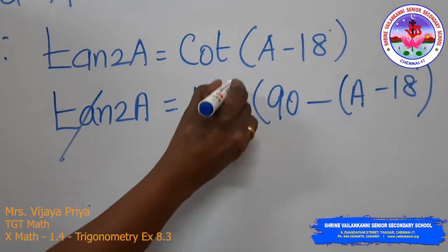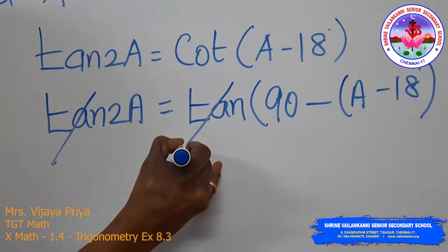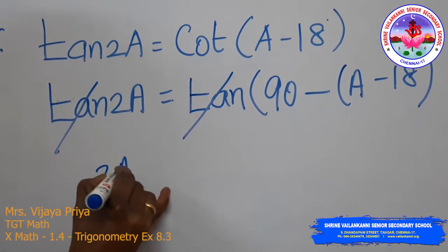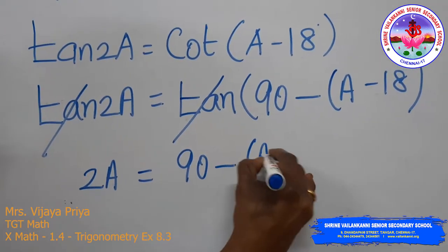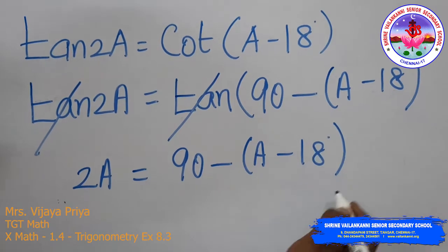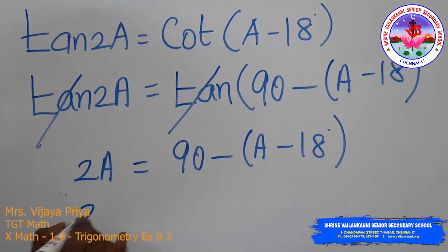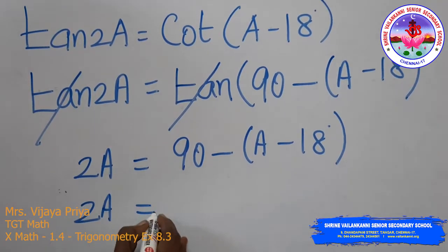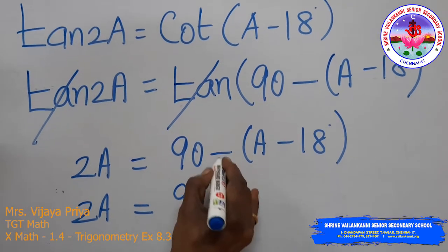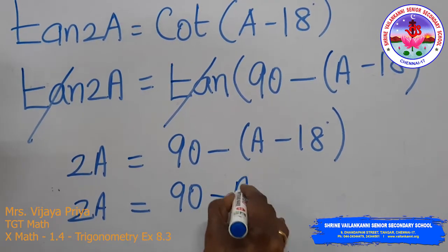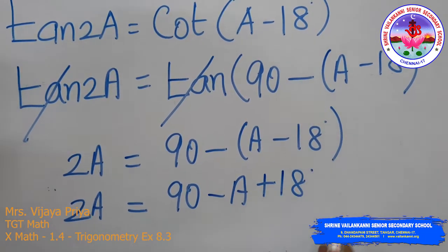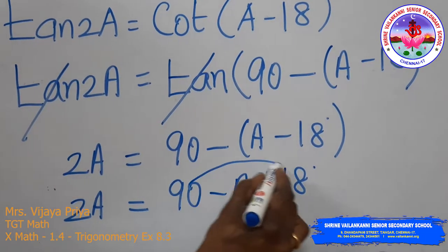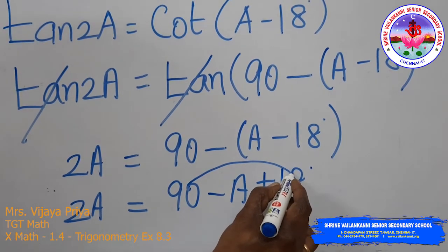Tan cancelling on both sides, we get 2a is equal to 90 minus of a minus 18 degree, which implies 2a is equal to 90 minus a, minus into minus, plus 18 degree. So 90 plus 18 becomes 108.